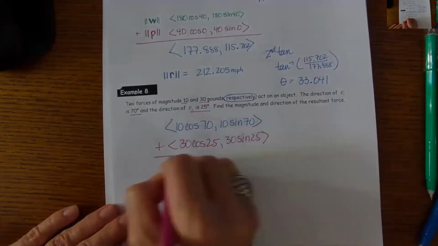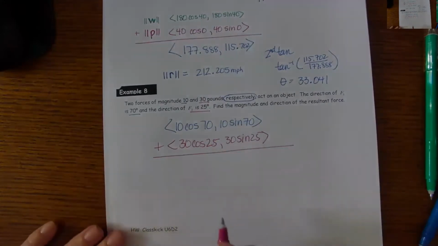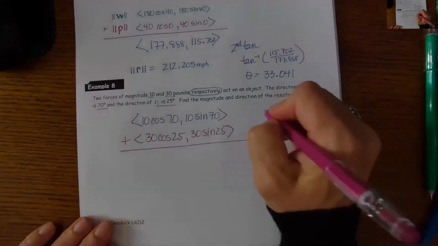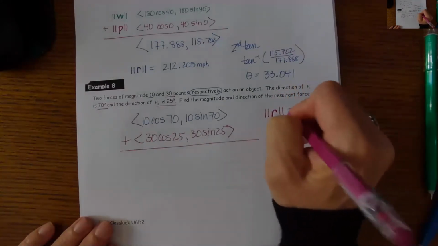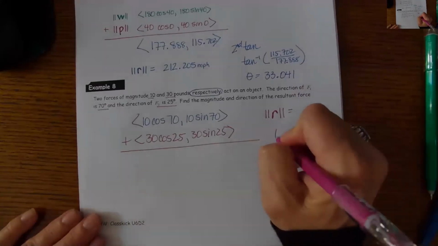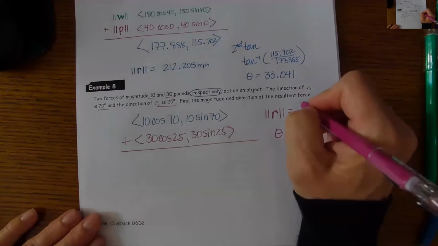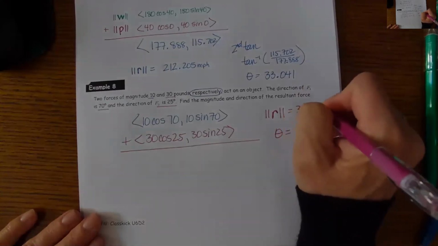So let's key that in and then we'll look at what the homework is. I like to use R for resultant. That way I know what's going on. I'll write down what I got. I think y'all are okay to type that in.